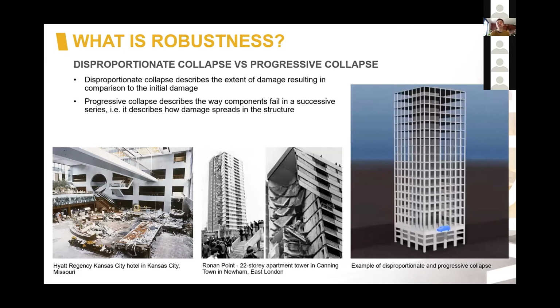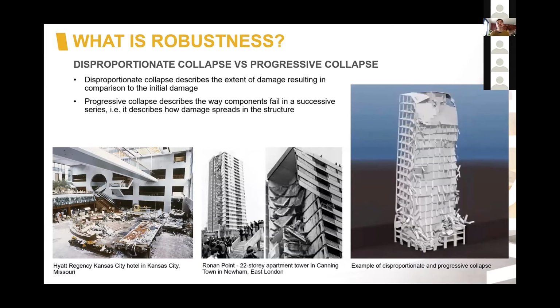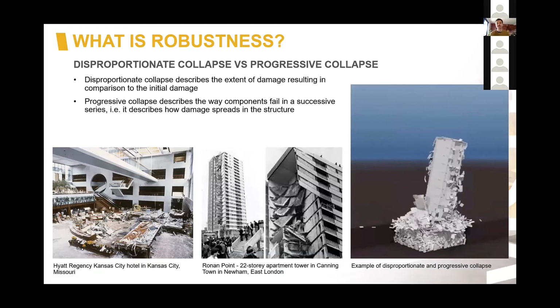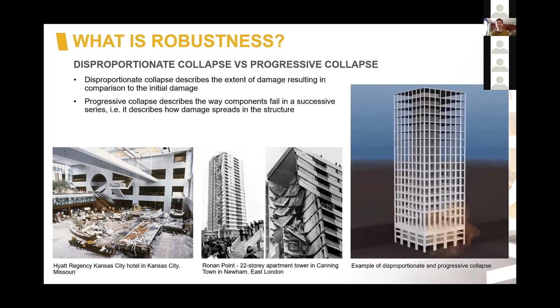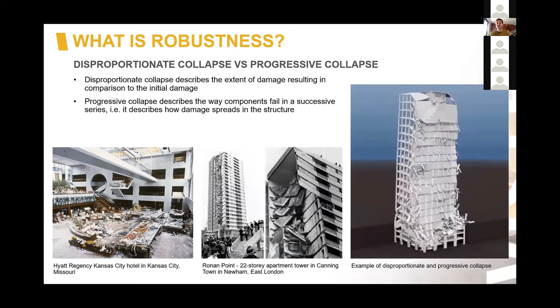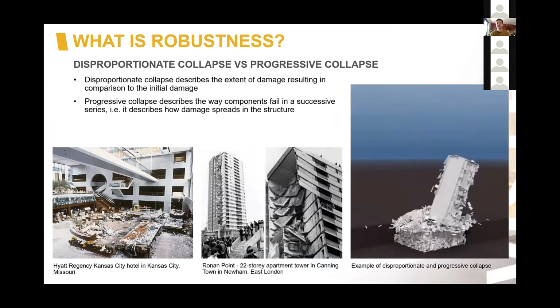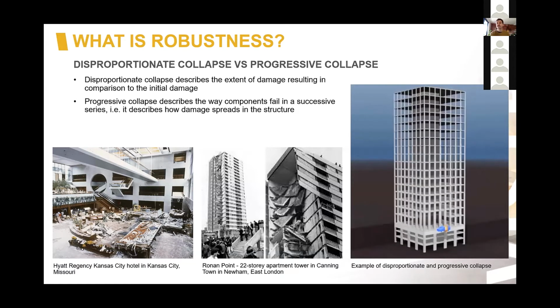This is essentially the biggest disaster in US history, or the deadliest, for an accidental load case, with I think 114 people killed and over 200 more injured. This was essentially two skywalks that collapsed due to poor connection detailing. So that was clearly disproportionate to the local failure of that connection.